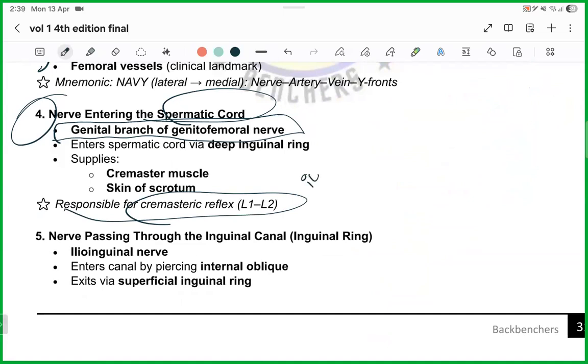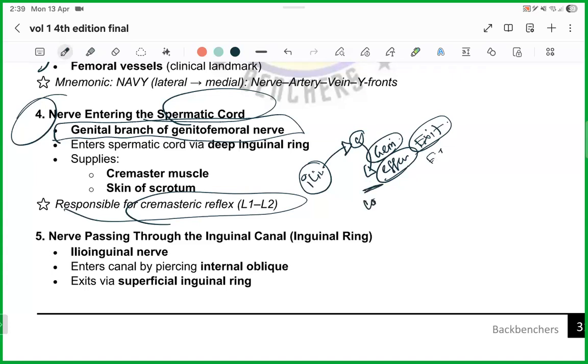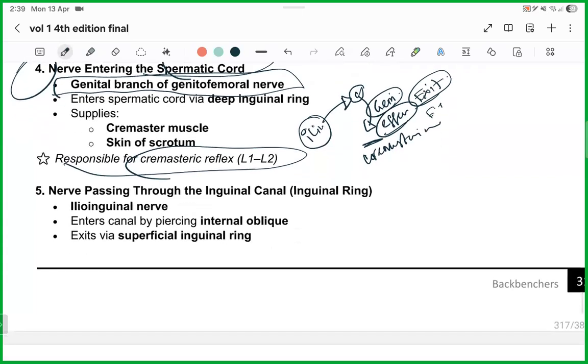The afferent limb is the ilioinguinal nerve that takes the sensation to the center, and then the genital branch of genitofemoral nerve is the efferent limb that takes it to the effector organ, that is the cremasteric muscle. That's it. And it enters via the deep inguinal ring.